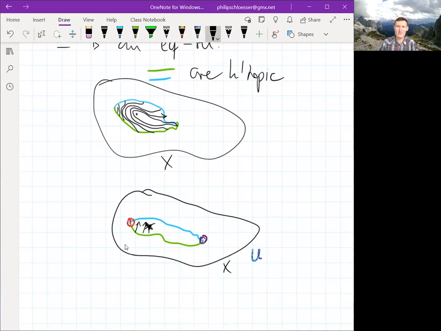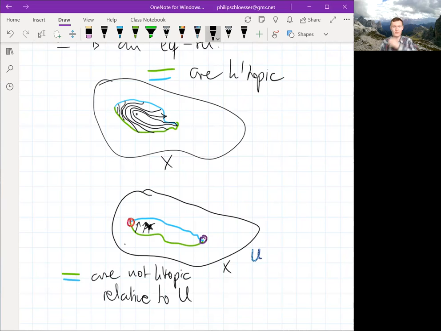Showing that they are not homotopic is a different thing. So conclusion: they are not homotopic relative to U.